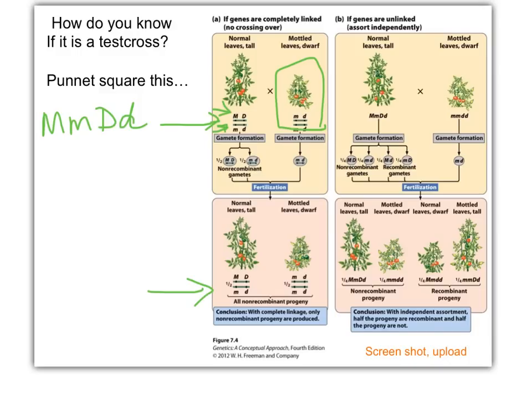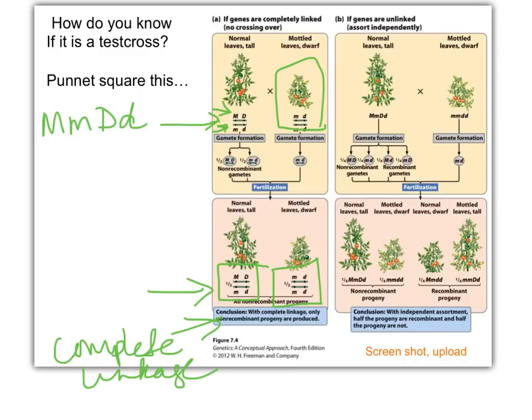All non-recombinant progeny, all parental. Half turned out like this, half turned out like that. That means what? Complete linkage. We did not get 1 to 1 to 1 to 1. What did we get? 1 to 1, 2 to 0 to 2 to 0. Does that make sense? Are you okay?